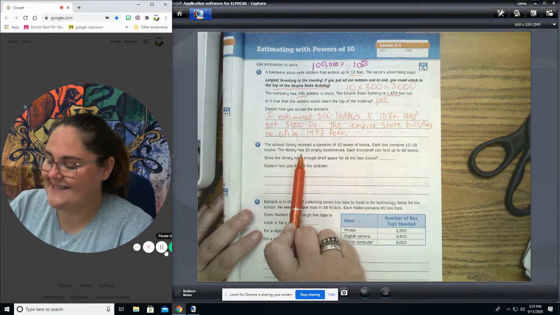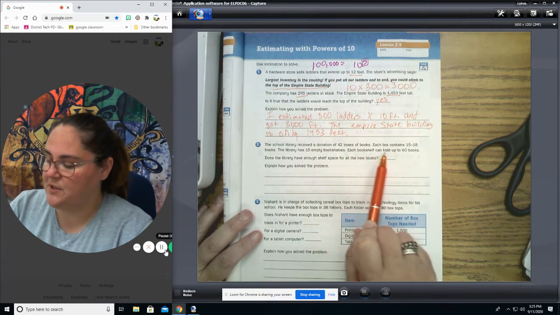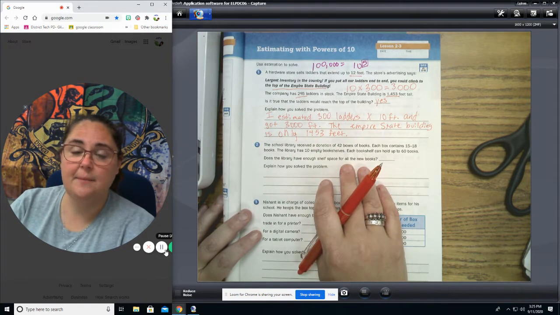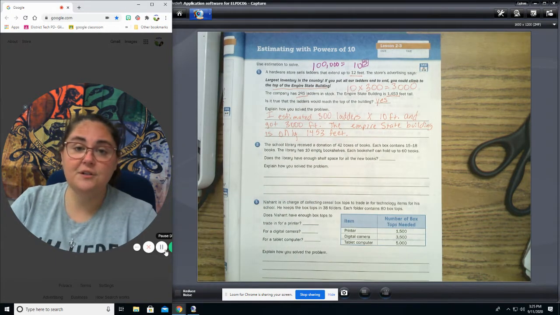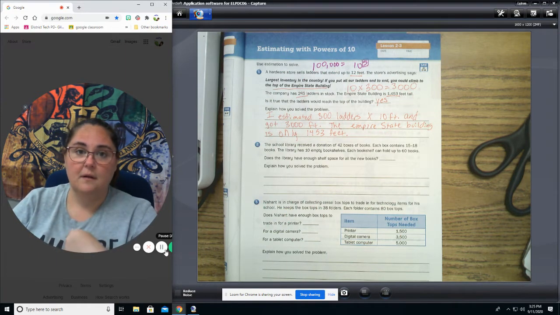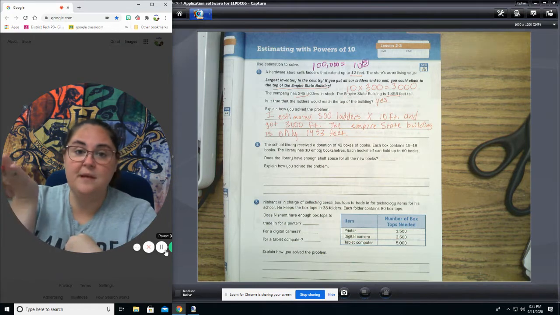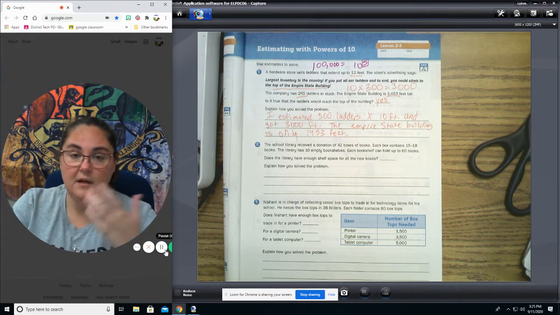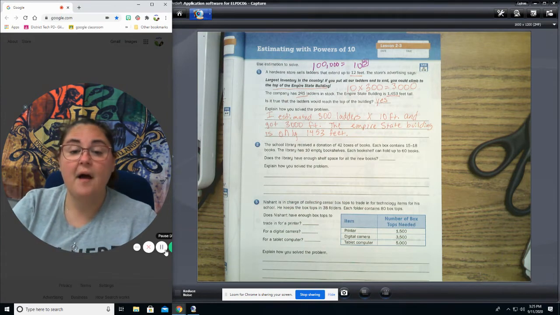The library has 10 empty bookshelves, which each bookshelf can hold up to 60 books. So this problem is going to have more than one step. First, I need to figure out how many books do I have. Then I need to figure out how many books can fit on my shelves.